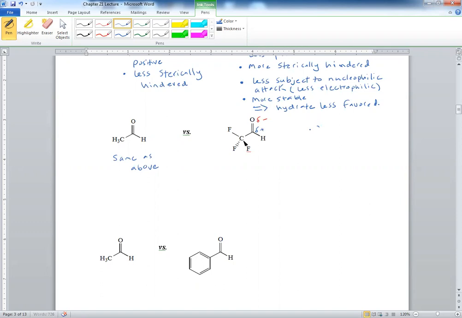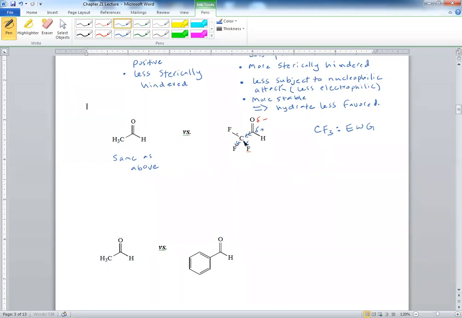CF3 is an EWG, simply because you have these electronegative fluorine atoms withdrawing electrons away from the carbonyl carbon, and of course toward the fluorines.